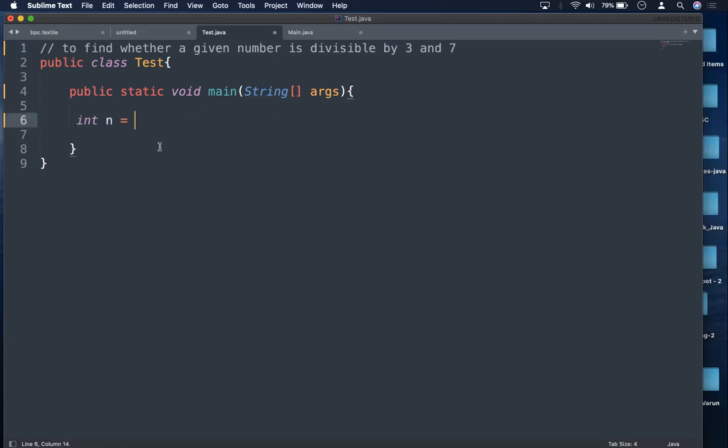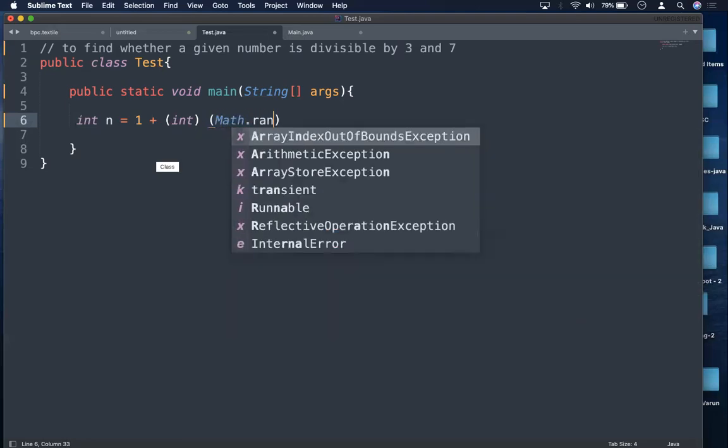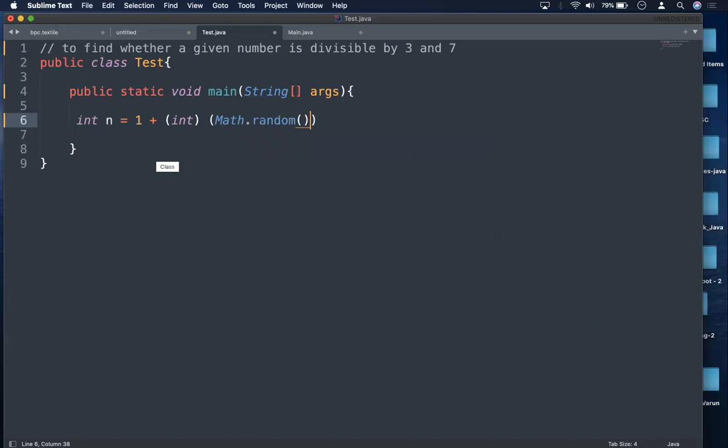So int n equal to, I want to generate a number between 1 to 100. This is the way we can generate a random number. I'm using Math.random and multiplying this with 100, so that I will get 0 to 99. So Math.random times 100 will give me 0 to 99.